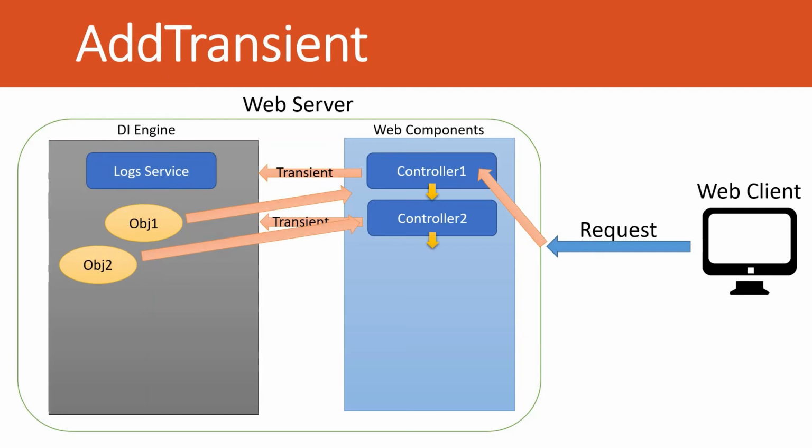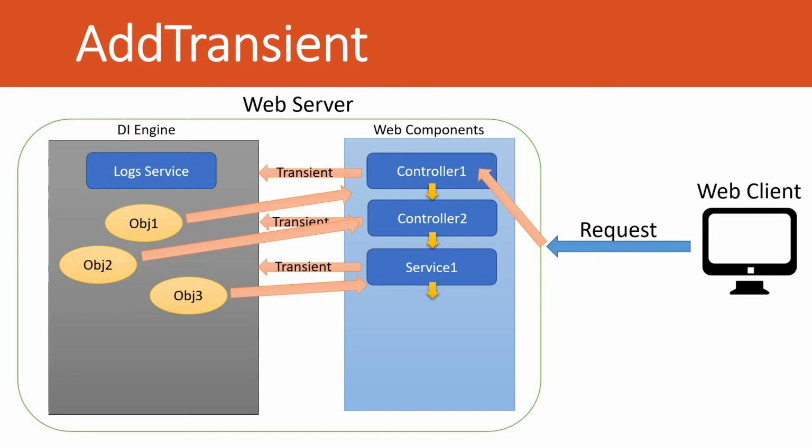Controller 2 calls the next service, service 1. This service 1 also has a dependency on log service, so it also requests the DI engine for the object. This time the DI engine creates a new object and returns it. Then service 1 uses that obj3 and calls the next layer, BL layer 1.